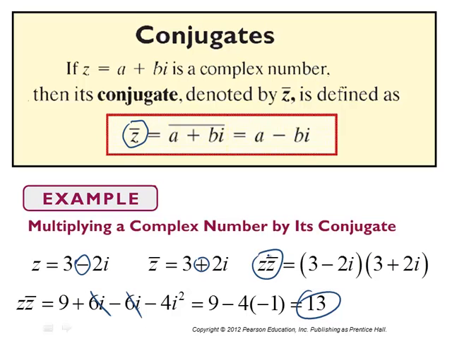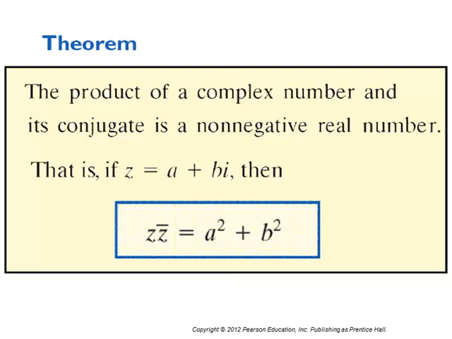So a complex number times its conjugate is always going to actually be a real number. Okay? So this is what this little theorem tells you, that a complex number times its own conjugate is going to be a real number. If it's a plus bi times a minus bi, then you're going to be left with a squared plus b squared as z times z bar.